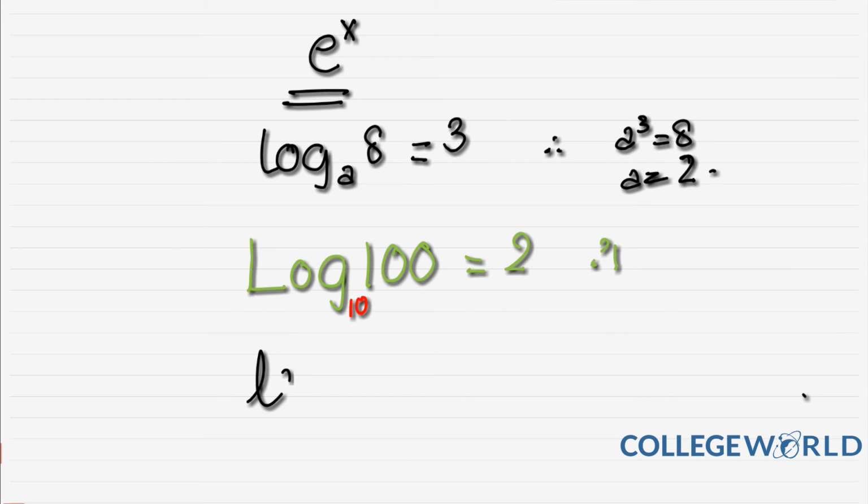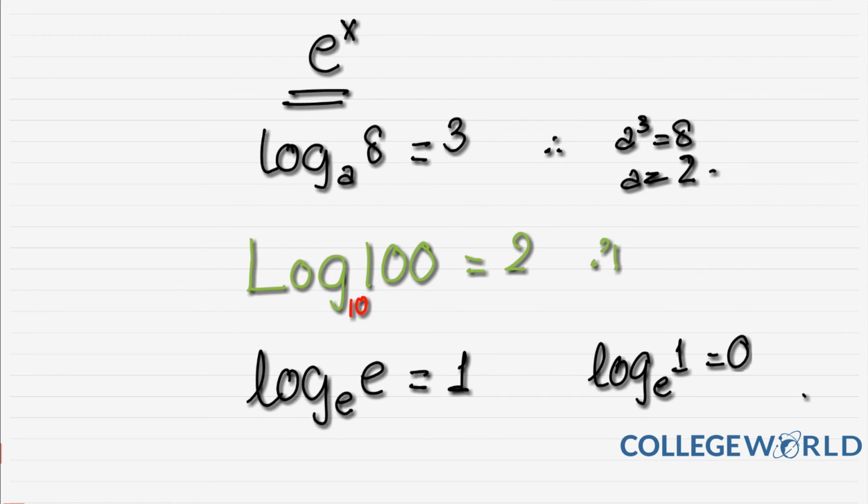Let's say log to the base e of e, and this is going to be 1, because e to the power 1 is going to give you e. It's simple. And log to the base e of 1 is going to be 0.